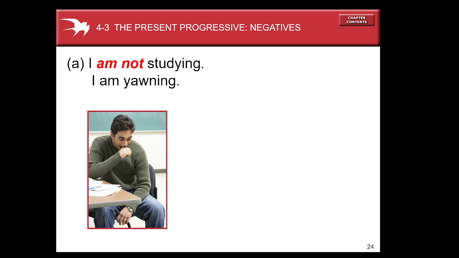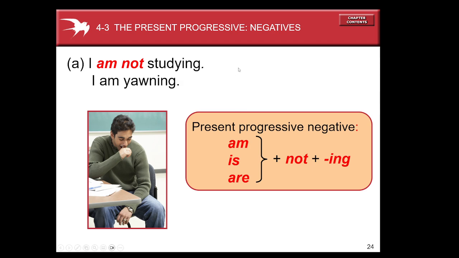I am not studying. I am yawning. So, this is the rule in the negative present progressive. As I said before, we use the verb to be: am, is, are, plus the word not. So we say I'm not, is not, are not.